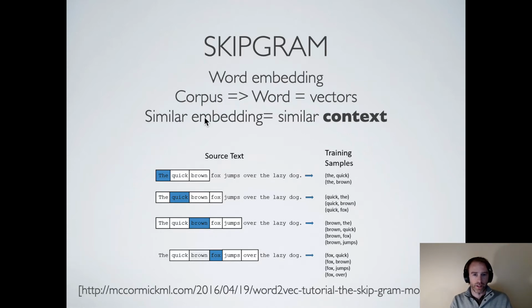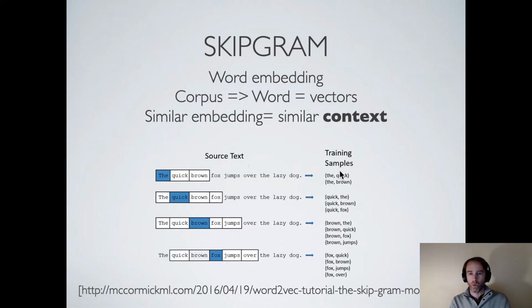The principle is that we have a corpus and we read this corpus word by word, sentence by sentence. For each word, we define what its context is in the sentence. For instance, for the word "the", here, we look at the two closest words, in this case "quick" and "brown", and we consider that these two words compose the context of "the".